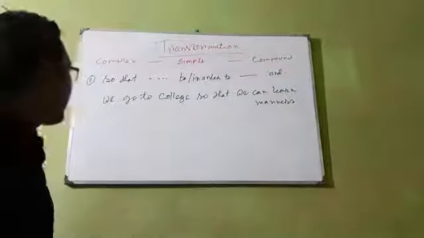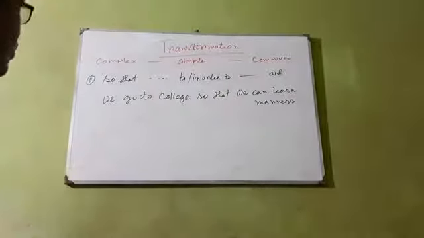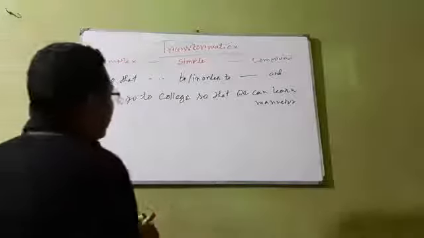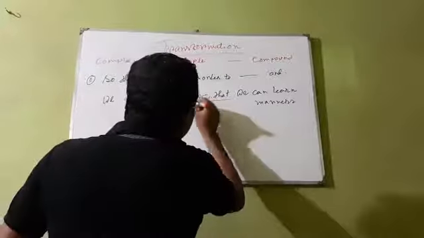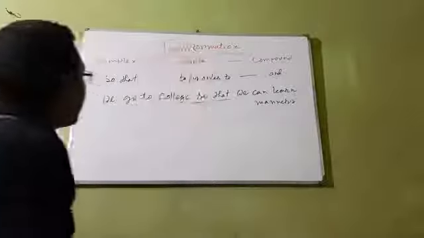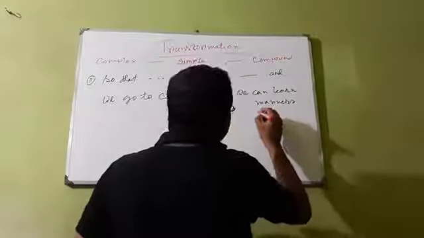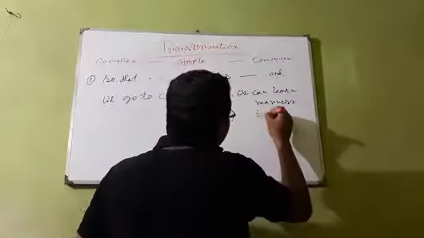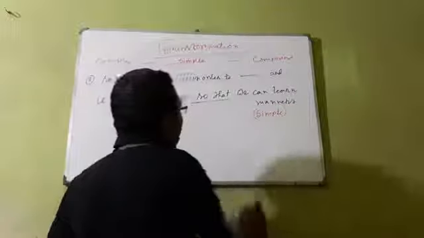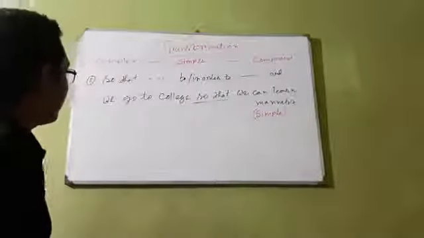Okay, we go to college so that. Students, look at the middle part of the sentence, so that is written in the middle part of the sentence, and after getting this clue, we are sure now that this sentence belongs to complex format. Suppose you are told to make it simple, then what we have to do, we have to write down the first portion.